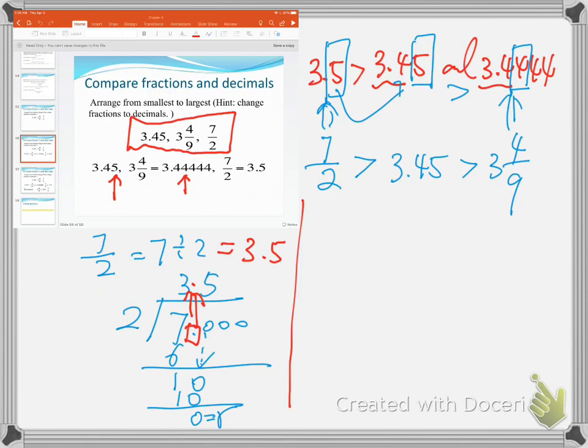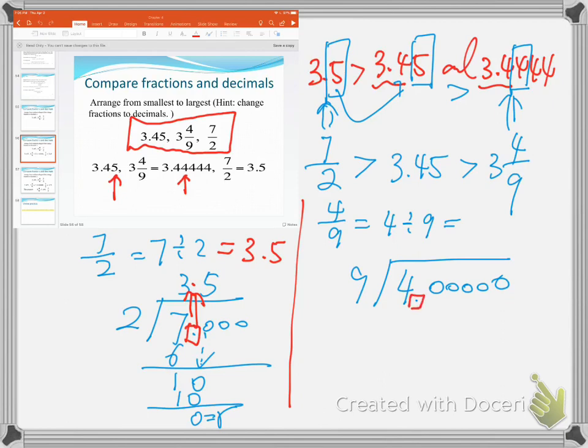Okay, so the other one is a little bit harder. 4/9. 4/9 is 4 divided by 9. So again, we put decimal point inside and then put 5 zeros. 9 is outside. And then we pretend there's no decimal points in this long division. 40 divided by 9.